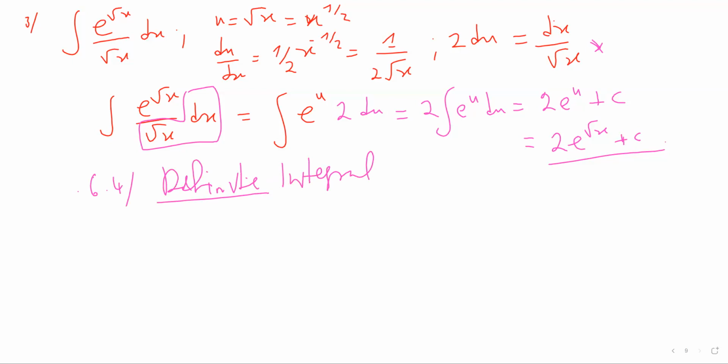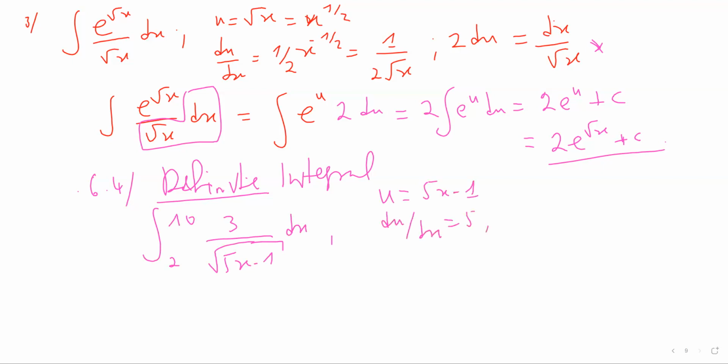So for instance, if we write the integral from 2 to 10 of 3 over square root of 5s minus 1 ds, and then you choose u to be 5s minus 1, such that du ds is equal to 5, and then we have ds will be du over 5.